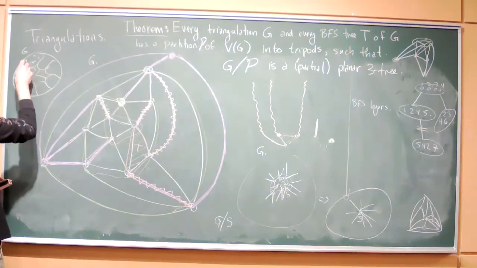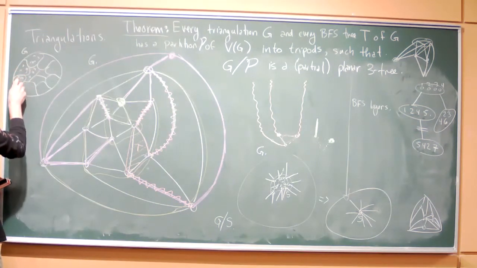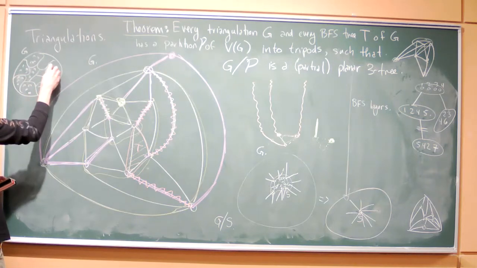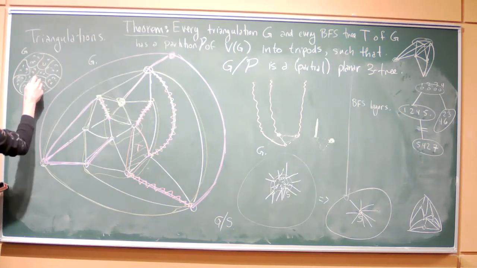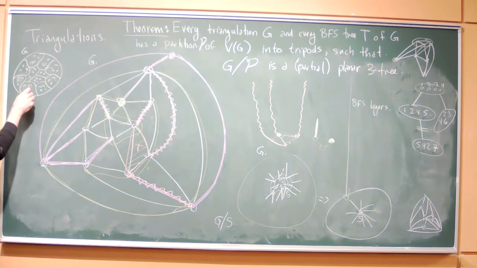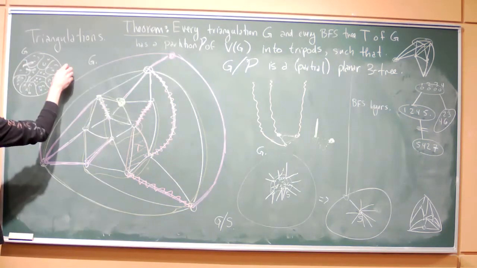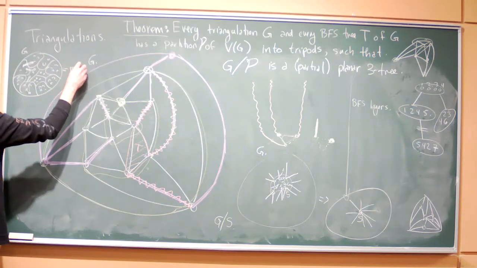All right, so I've partitioned the vertices of G into little sets. There's a bunch of edges. Some of them live inside the sets, and some of the edges go from one set to another. And so this is G. These are the parts of P.